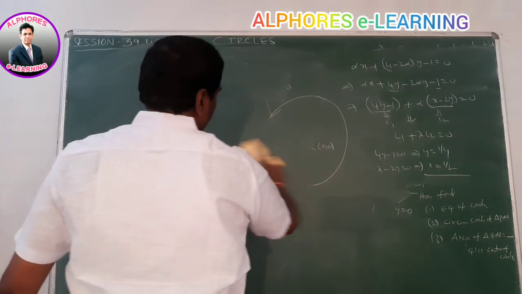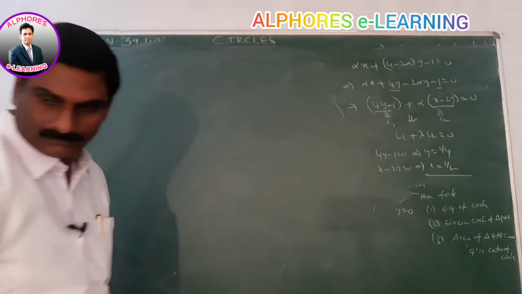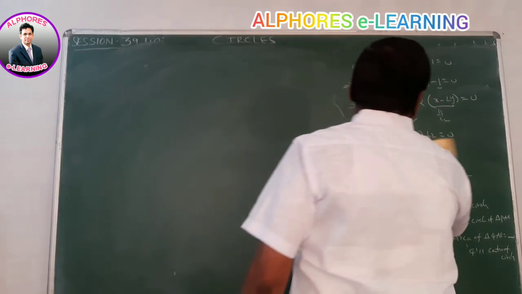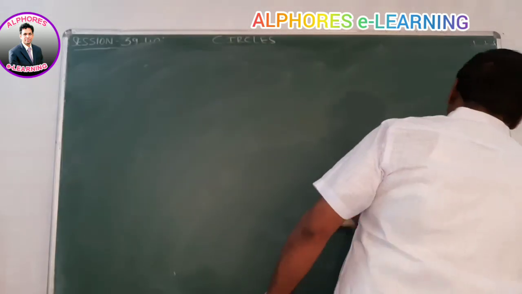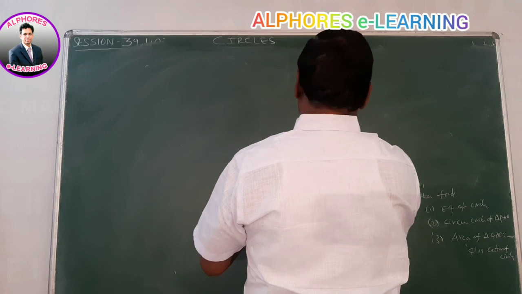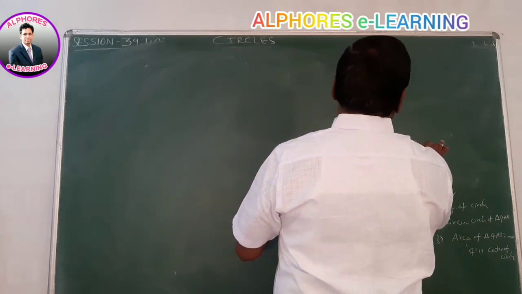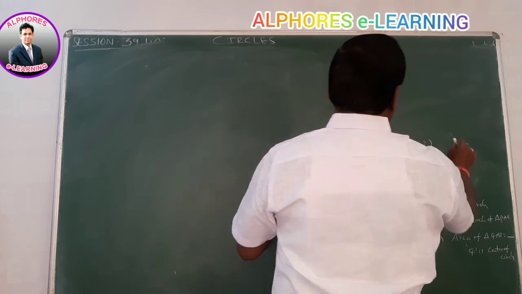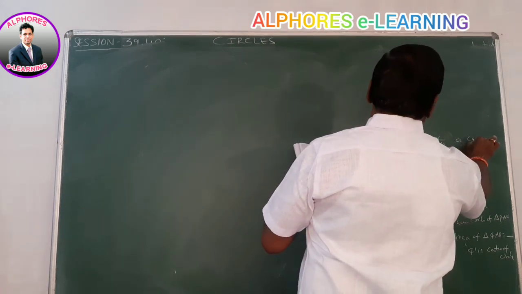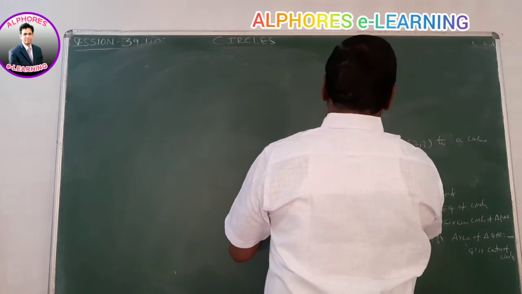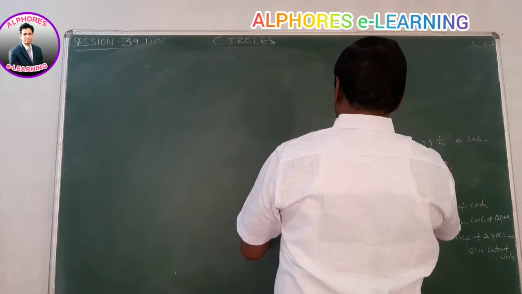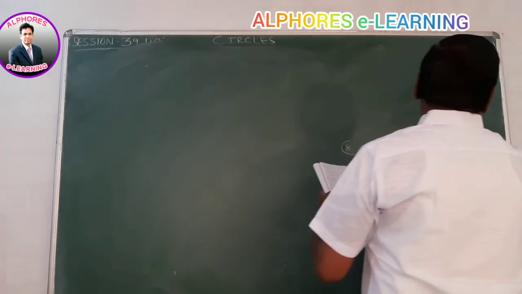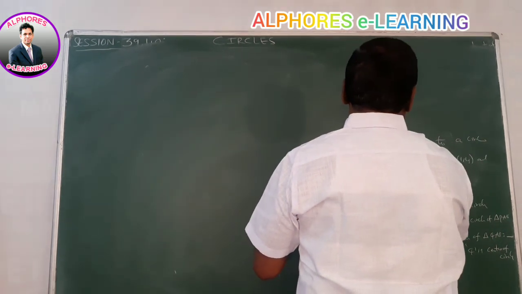Next question, the 8th one. Tangents from P(2, 3) to a circle C touch it at A(1, 4) and B(3, 4).